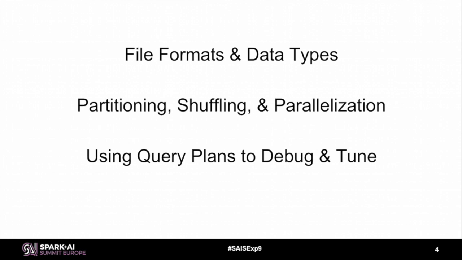And then one of the most important things that I always focus on with users that I'm working with is how to use the tools available to you in the Spark UI and query plans to help you debug, tune, and identify issues in your Spark applications, and give you a better understanding of what's going on under the covers.